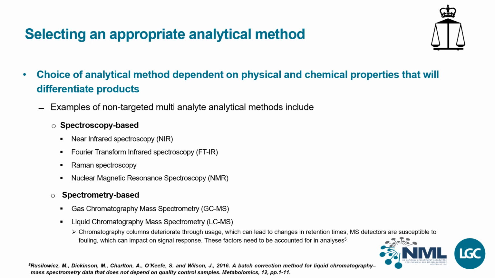Methods such as GC or LC mass spectrometry have been reported to be unsuitable owing to the variation introduced to the results from differences in sample separation columns, etc.